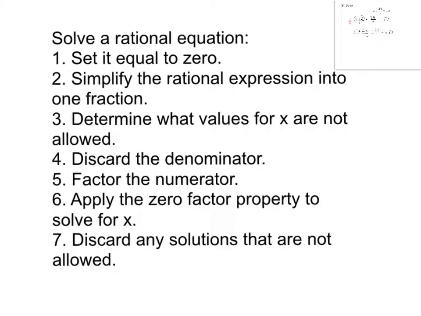Let's review the steps for solving a rational equation. First, you set it equal to 0, as we already did, and then you simplify the rational expression on one side of the equation into one fraction, which is also what we did. What we are about to do is determine what values for x are not allowed.